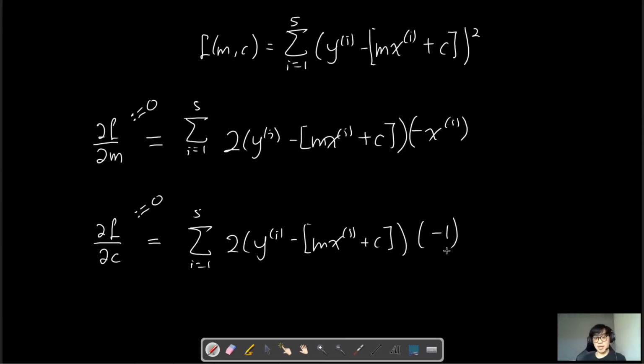And this is where linear algebra pops up in the picture. In this video, I will not describe how we can express this in a matrix multiplication form, but you should be able to do that if you think about it a little bit, right? And go recap your linear algebra basics. And hopefully you can try to do that on your own and solve for these systems of linear equations.